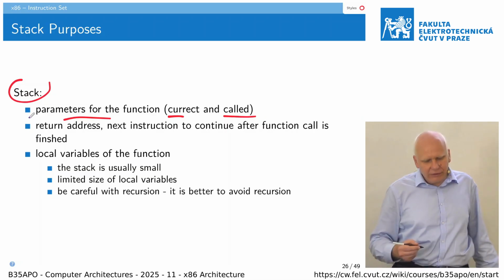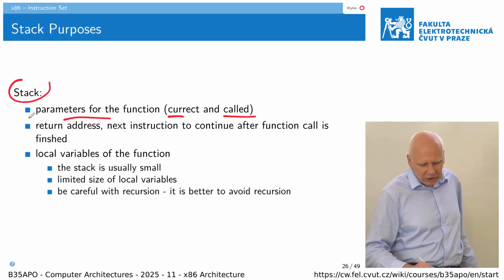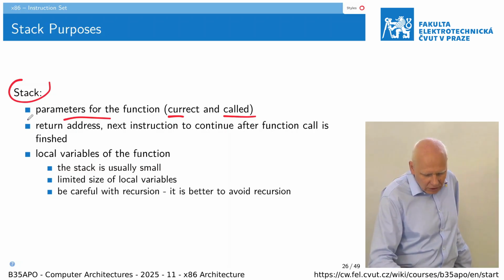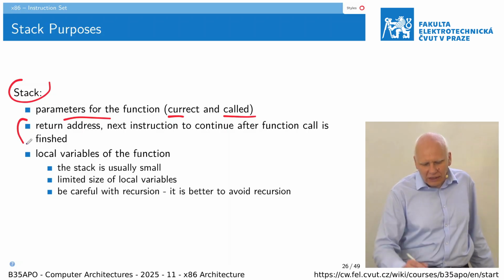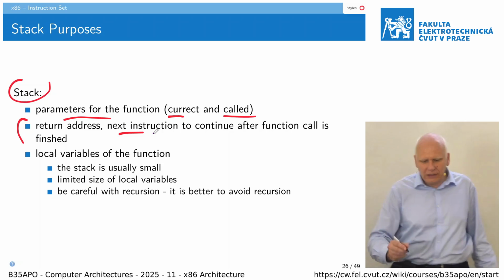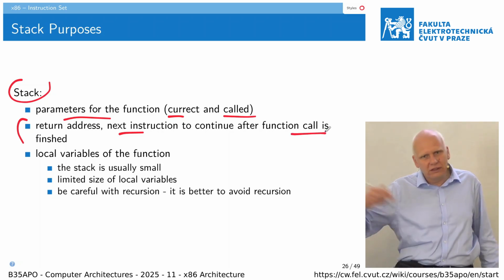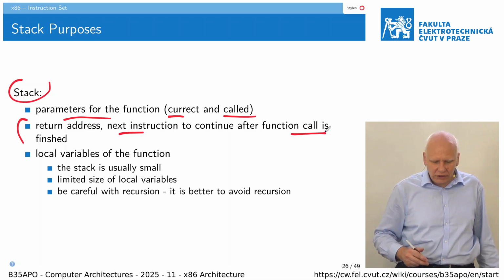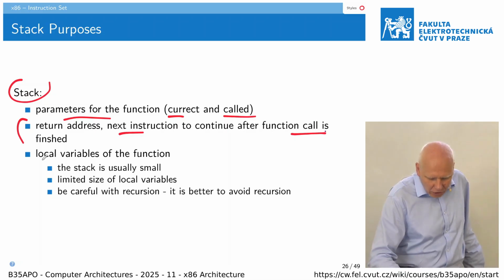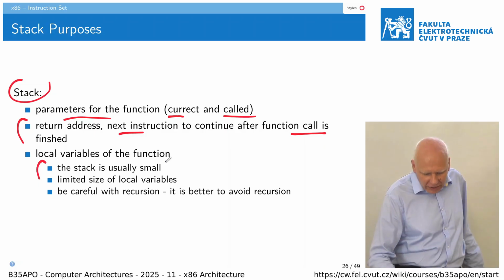In 64-bit, this is only if they exceed the 6 arguments which can be passed in registers. It stores the return address, which is the pointer to the next instruction which should be executed after the call instruction when the called function is finished. And it can store local variables.